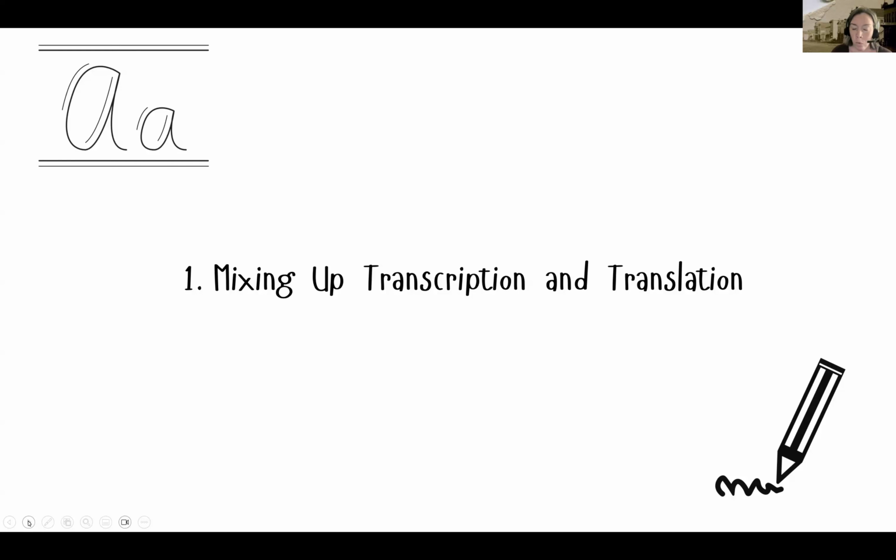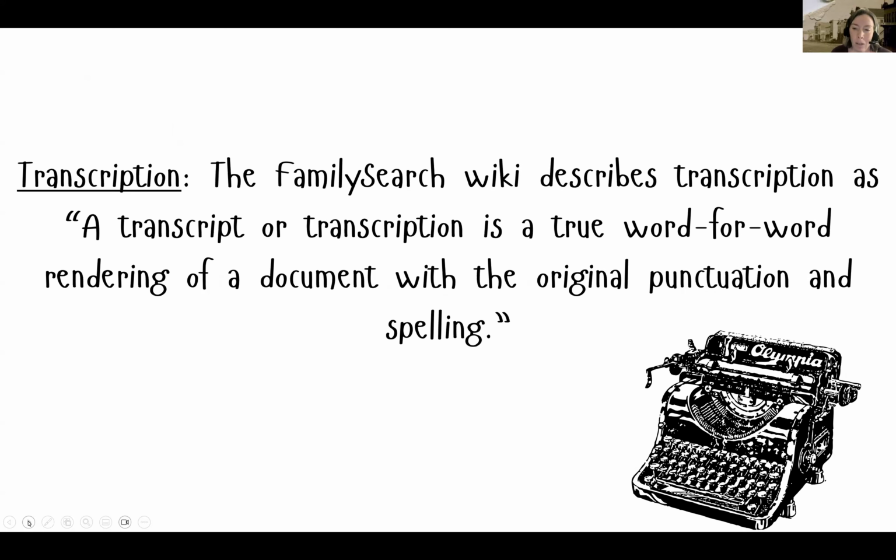Mistake number 1. For some reason, this never happens with English records, but we run into this a lot with non-English records. People mix up or combine transcription and translation. I know you're all familiar with this, but just in case, transcription is defined by the Family Search Wiki as: a transcript or transcription is a true word-for-word rendering of a document with the original punctuation and spelling. Why do we use transcriptions in genealogy?